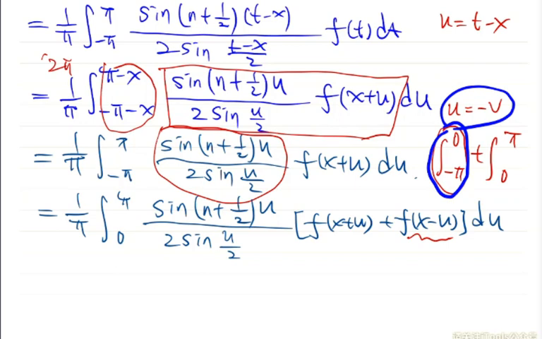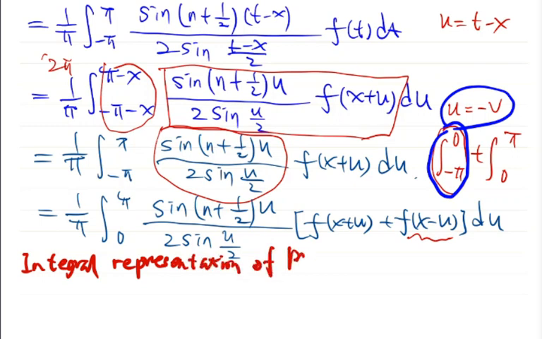So this is the integral representation of the partial sum. Okay. Now, as a particular case, we take f to be identically 1.